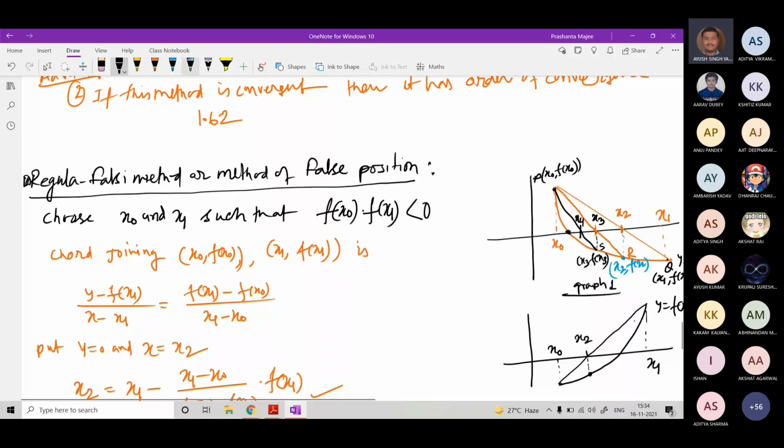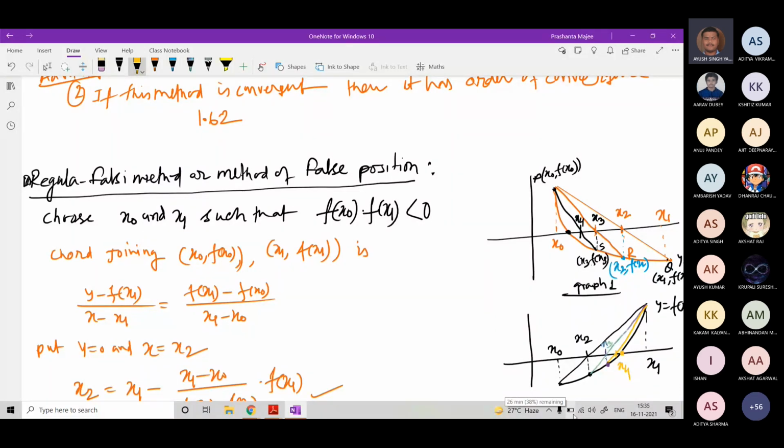That chord cuts the x-axis here. Call it x3. Now the root is lying between x3 and x1, so draw a chord joining these 2 points. This is the chord in the next iteration. This will be x4, and in this way it is moving towards the yellow dot, which is the root of the equation.